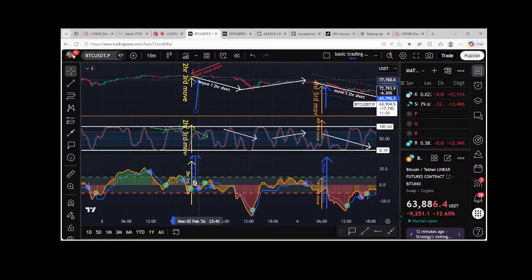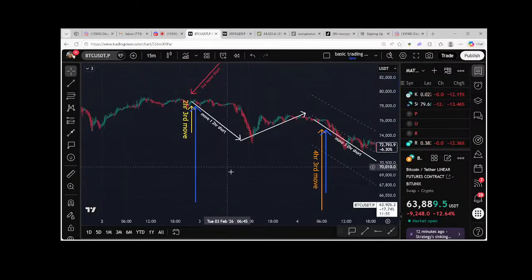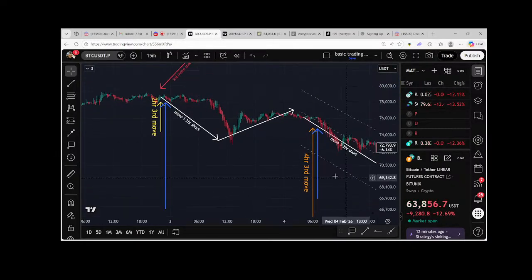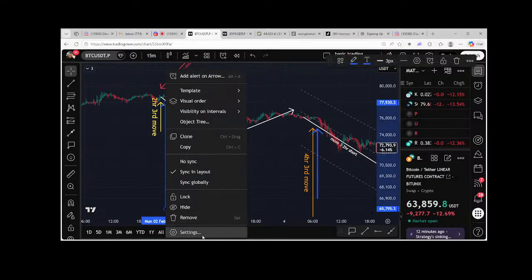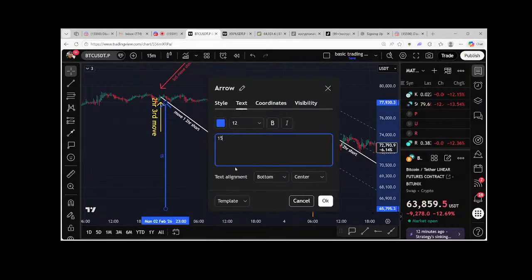There we go. Okay, so now when I open this up, these are the 15-minute entries, right? So let me go ahead and put the time in there. 15-minute moon line entry. That's simple.